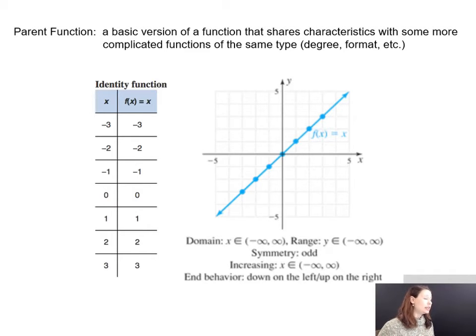So in this one, we see the identity function, which we just call identity because it's just y equals x. It's a very simple, basic function that everybody can work with and know what it looks like. It's just a line going through the origin because it has a slope of 1 and a 0 y-intercept.